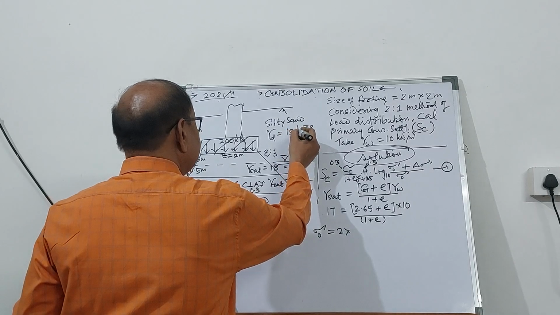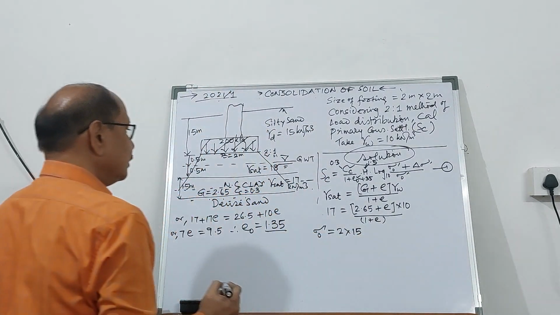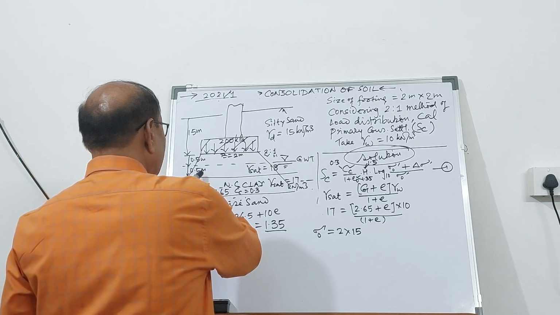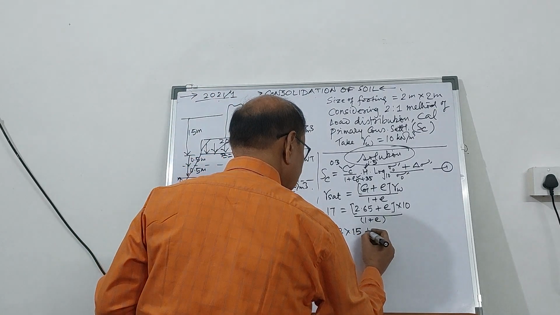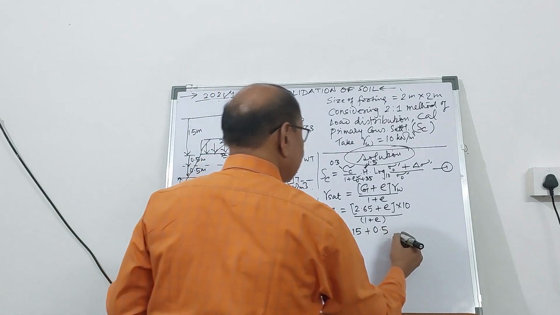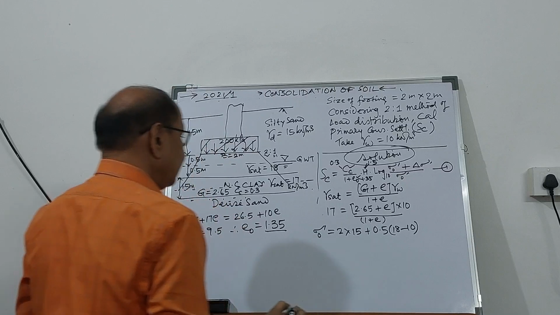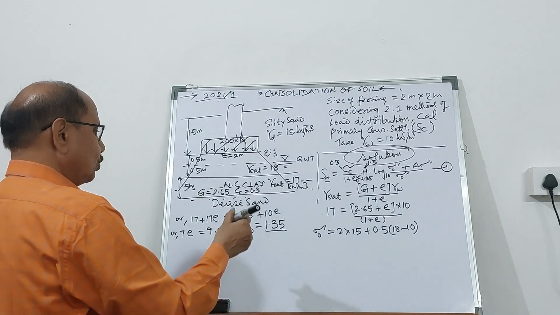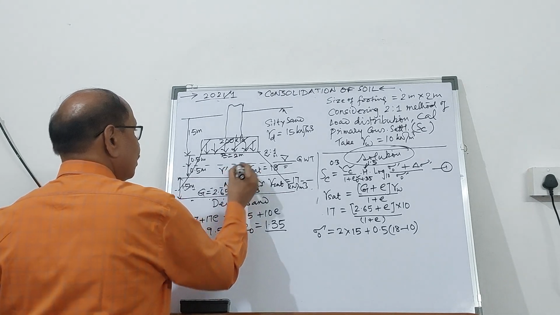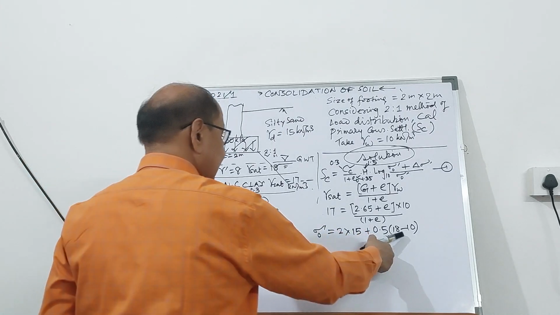The unit weight is going to be dry, so it is gamma D, up to 2 meter. Now, for the remaining 0.5 meter, it is going to be 18 minus 10, so you will have to take the submerged unit weight, which will be equal to 8.